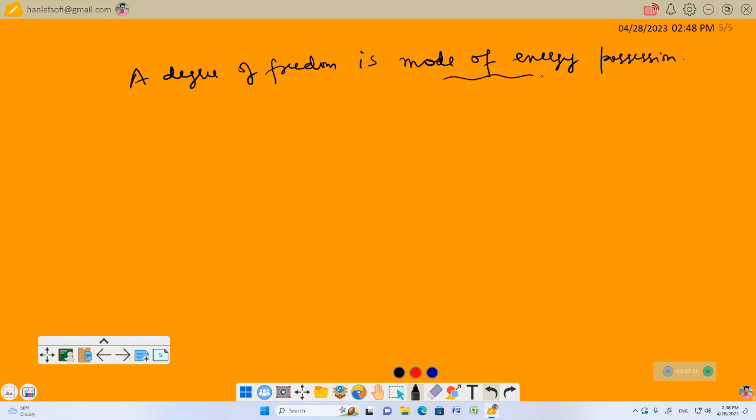Mode of energy possession is called a degree of freedom. Now, you can, for example, possess energy in various ways, in various modes is the suitable word. One mode of energy possession is one degree of freedom.